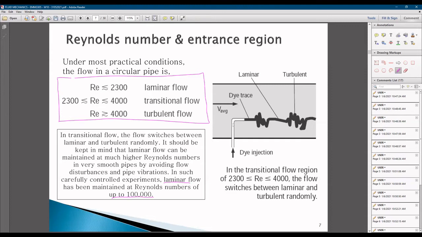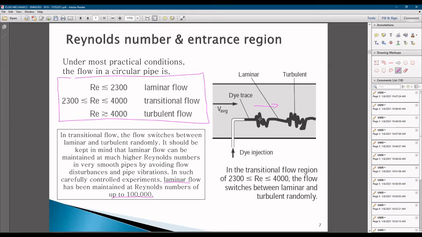In this tube, we inject some amount of dye, let's say black or red in color, so that we can trace the dye as it moves together with the surrounding fluid, which is moving from the left to the right.